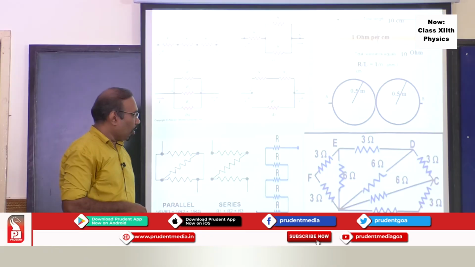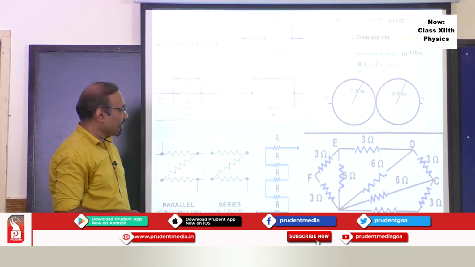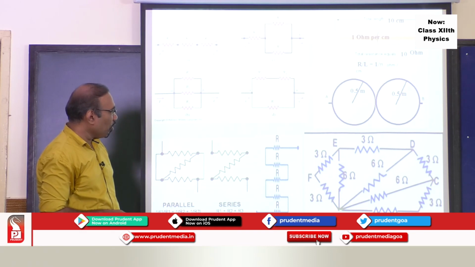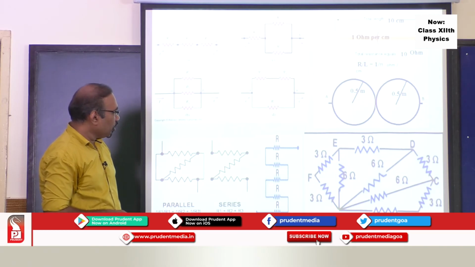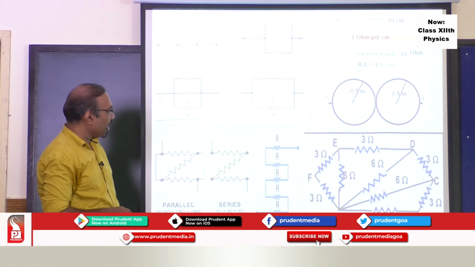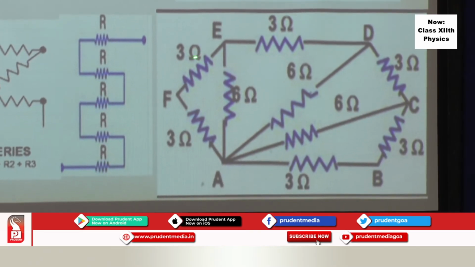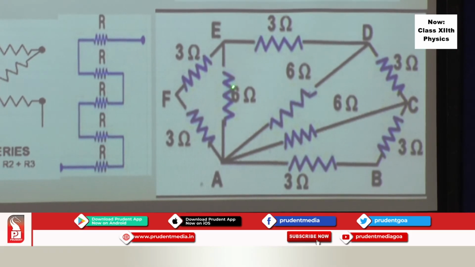Now, this particular circuit looks very complicated, but you can easily understand it. If you want to find the equivalent resistance between A and B, first look at this 3 ohm and 3 ohm. The same current is flowing, so it becomes 6 ohm. That 6 ohm, in parallel with this, becomes 1 by 6, that will be 3 ohm again.